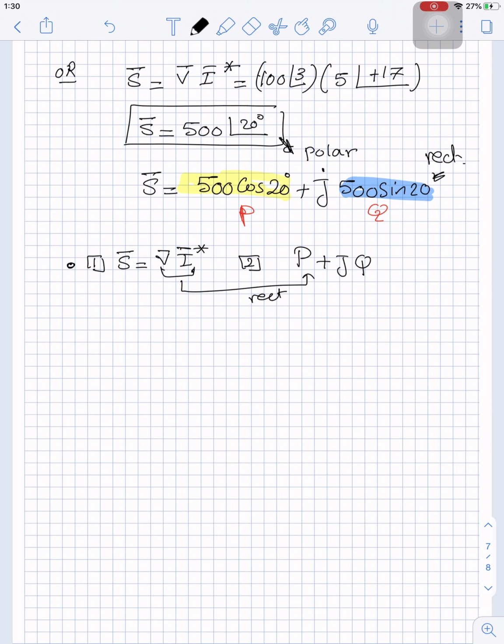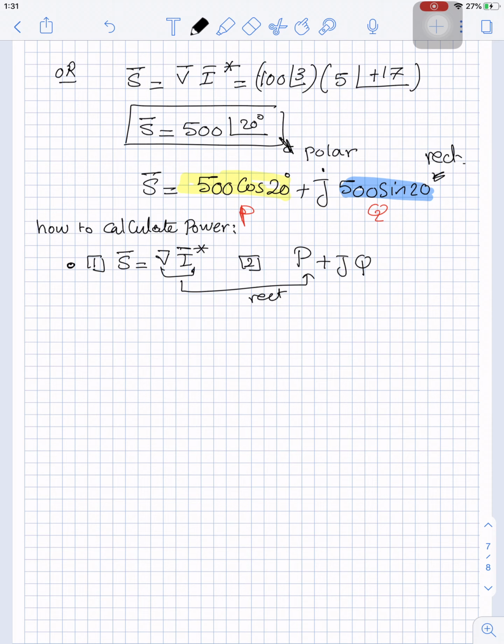When you do this, you will get the S vector, you will get the apparent power because it's the magnitude of the S vector, and you will get P and Q, all of them in just 2 steps. So how do I calculate power?